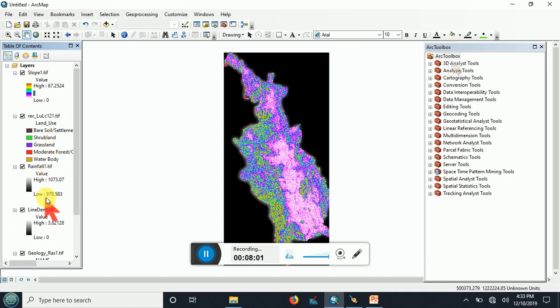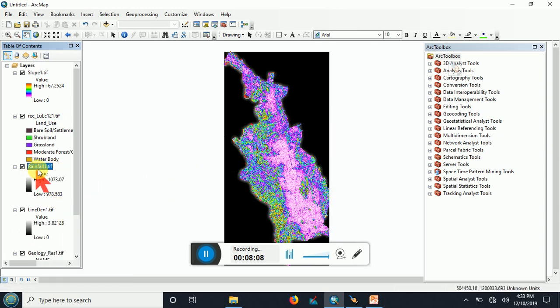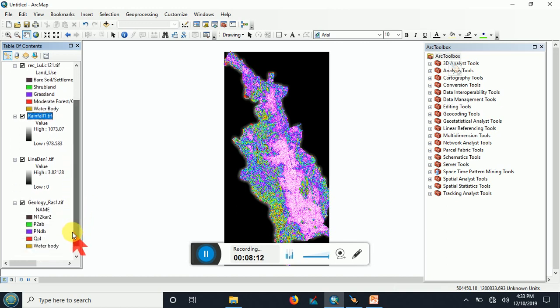And for rainfall, the higher the rainfall, the higher the possibility of groundwater potential, and the lower the rainfall, the lower the groundwater potential. The alignment density also: the higher the value, the higher the probability of groundwater occurrence, and the lower the value, the lower the probability of groundwater potential zones.